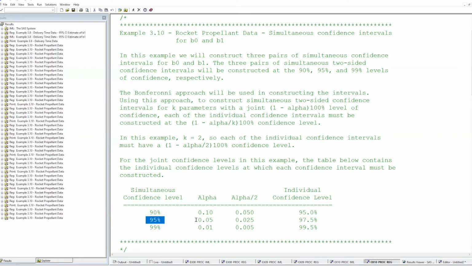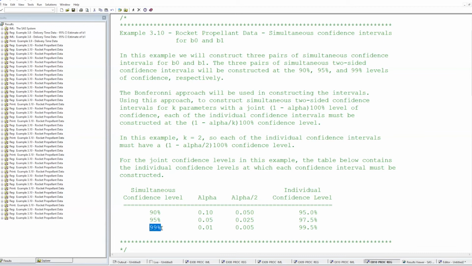To have a simultaneous confidence level of 95%, the alpha associated with that confidence level is 0.05. We divide that by 2, 0.025. And so if we construct the 2 intervals at the 97.5% individual confidence level, that will give us a simultaneous confidence level of 95%.